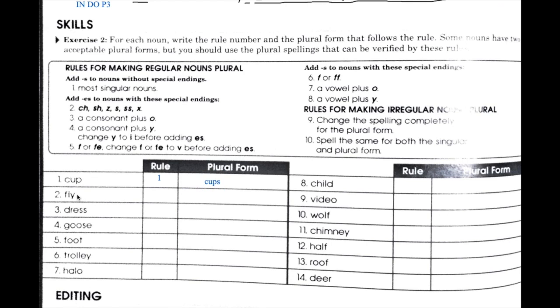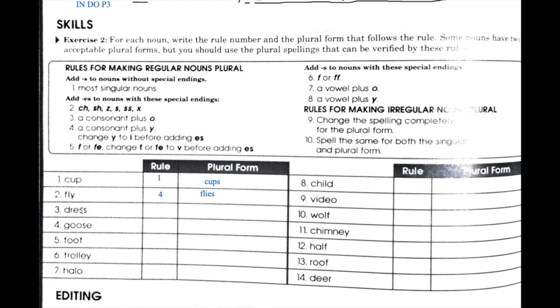How about fly? Well, a Y should right away tip you off. That's going to be a weird ending there. So let's go to rule number 4. Consonant plus Y. So we have rule number 4. And rule number 4 says that we need to change the Y to an I and add ES. So flies.